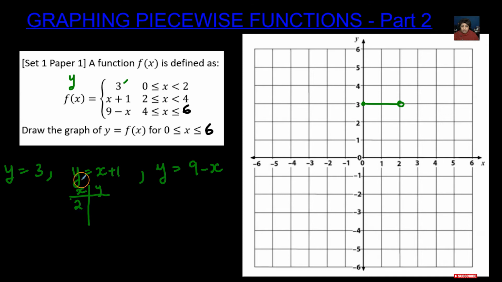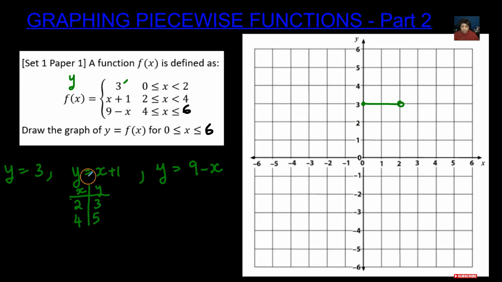When x is 2, y is equal to 2 plus 1, and that is 3. Then we can use our next value, which is 4. So when x is equal to 4, then what do we have? Y equals 4 plus 1 is 5. Now we can go ahead and plot these 2 points and draw our line.